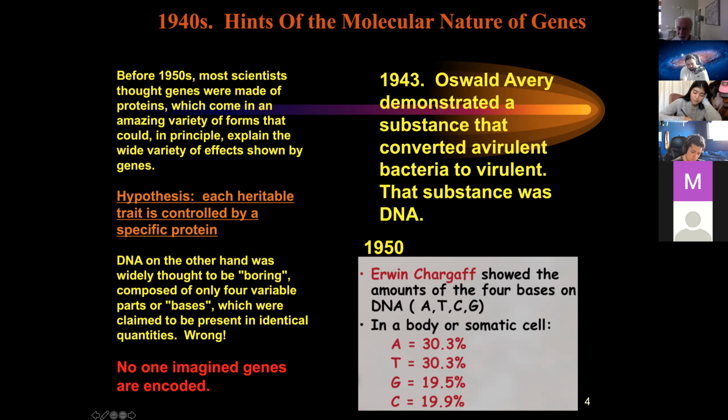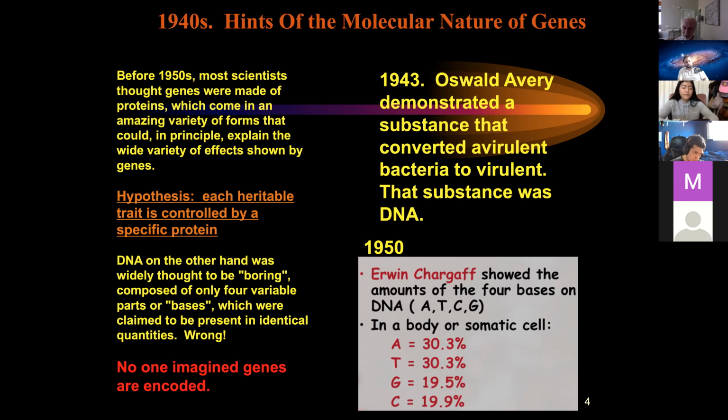But in 1943, a man named Oswald Avery demonstrated that a substance that he got from virulent bacteria could convert avirulent bacteria into virulent ones. And that substance was DNA. So think of how Avery did this experiment. He had cells of bacteria that were virulent, other cells that were avirulent. So he made an extract of the virulent cells, took everything out of them, small molecules, large molecules, everything.